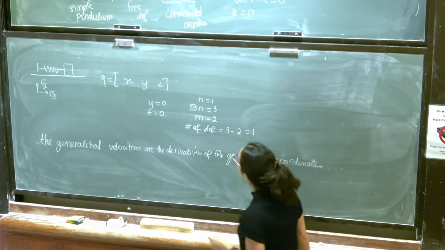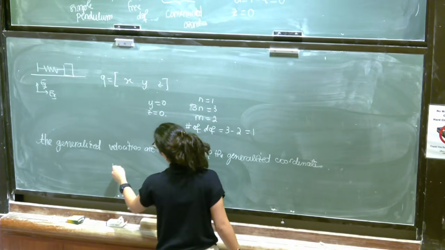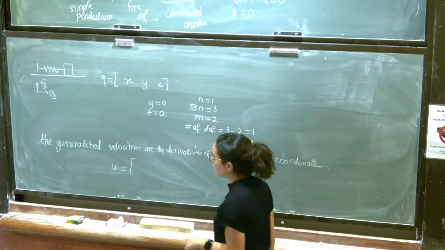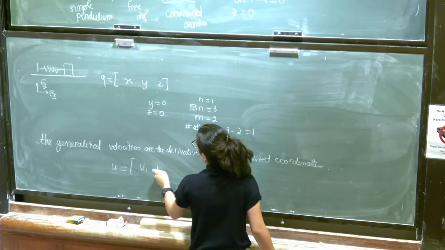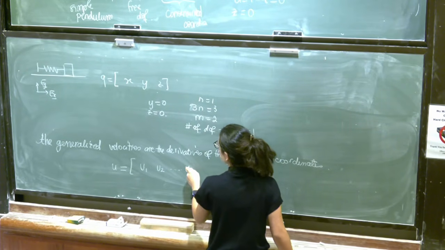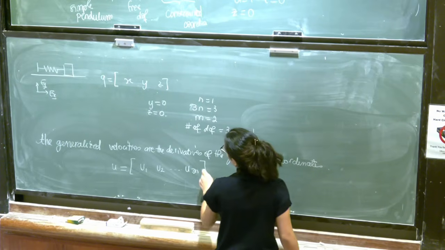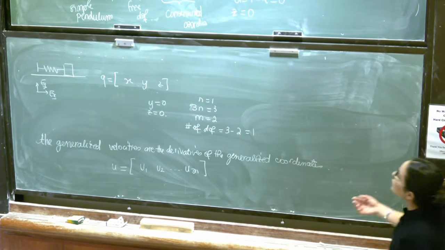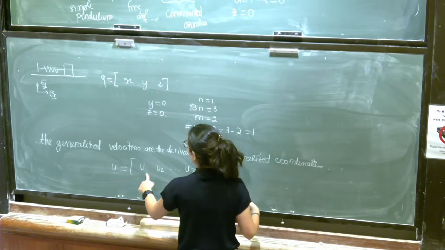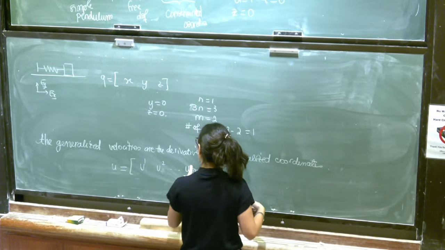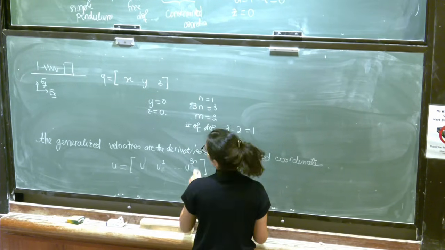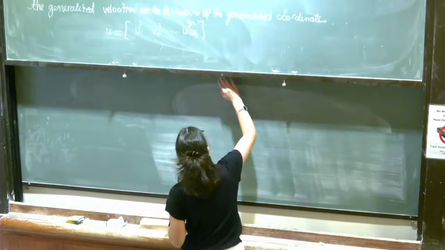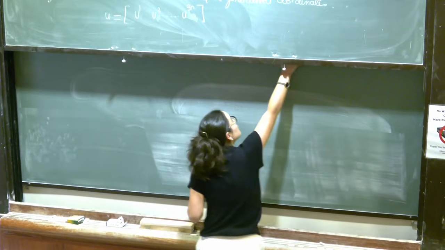For example, for Q, the set of generalized velocities are U1, U2, U3, and so on, where Ui is the derivative of Qi. Actually, I wanted to use superscripts. Sorry, let's fix that.